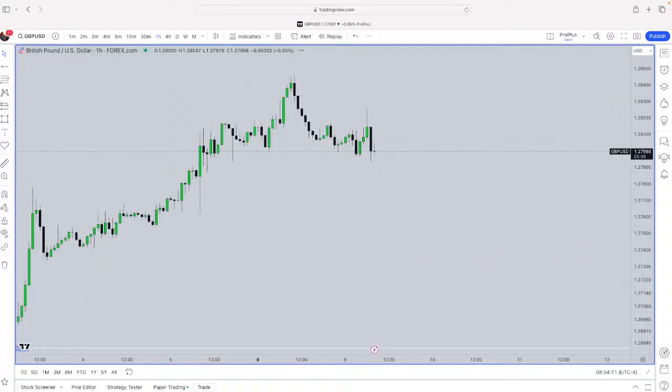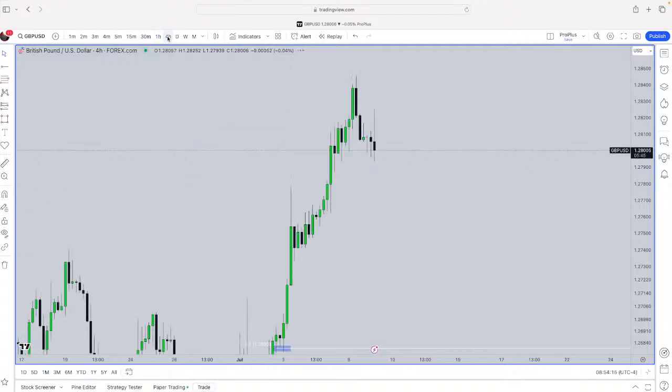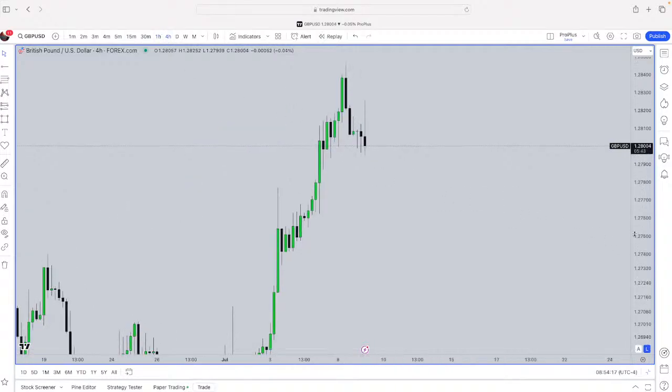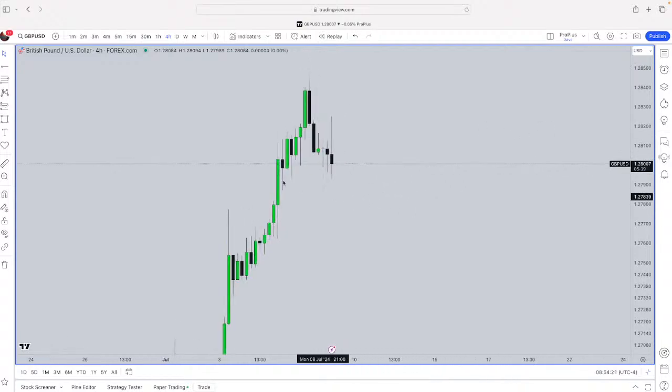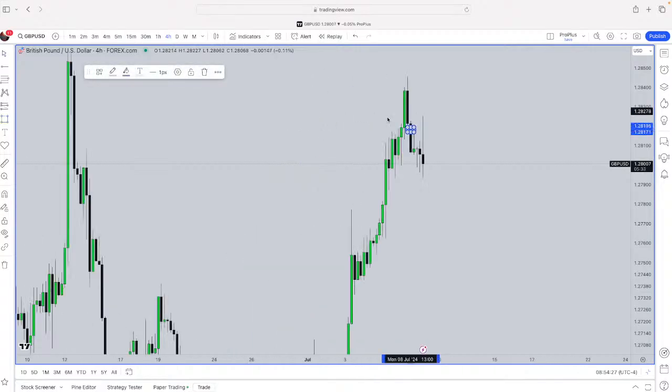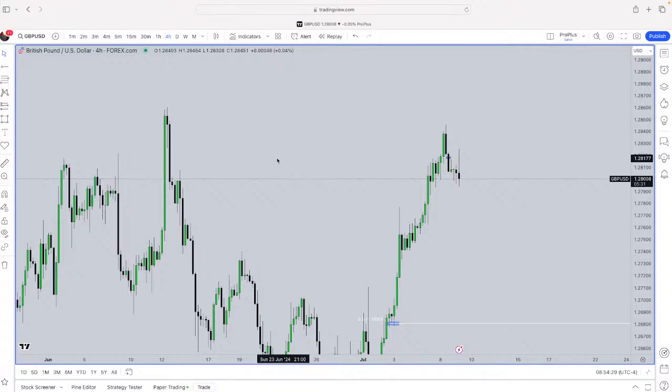Let's take a look at GU. Haven't really looked at GU yet, but let's see. 5 minutes for the 4-hour candle. So GU looks a little bit different to EU. So we haven't even seen a buy side been taken. There's this SIBI here.